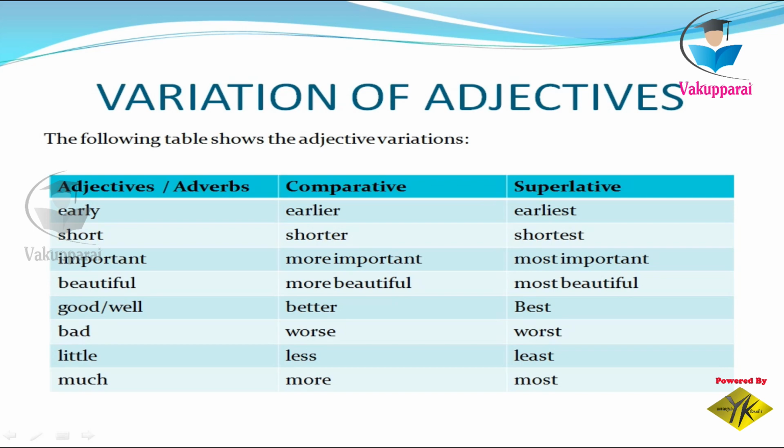The terms good and well both have the comparative form better and the superlative form best. Then bad becomes worse in the comparative and worst in the superlative, and little becomes less in the comparative and least in the superlative. Much becomes more in the comparative and most in the superlative.